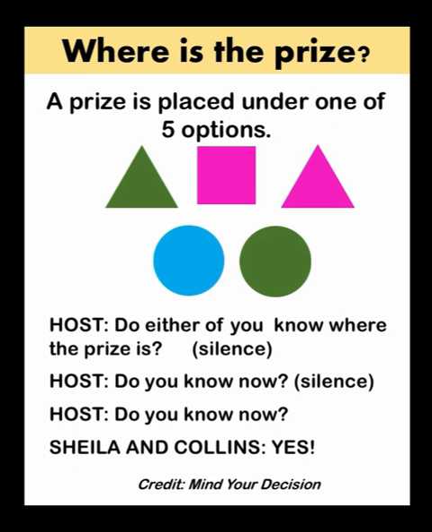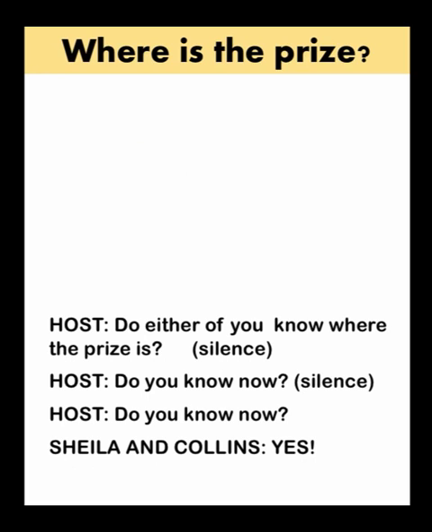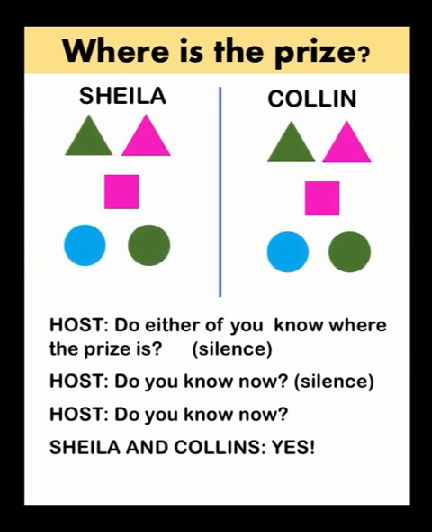Now, let's solve this puzzle together. Let's create two columns, one for Sheila and one for Colin. And both Sheila and Colin are selecting from 5 possible answers. Let's begin with the first step here. The host asks both Sheila and Colin if each of them knows where the prize is, but both of them were silent.